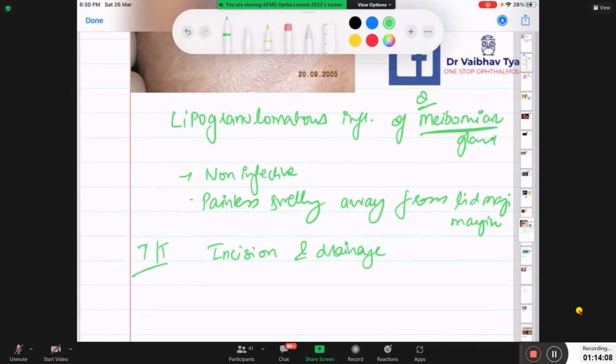Incision and drainage is to be done. Clear? So these two swellings you must be able to differentiate, the difference between chalazion and sty.